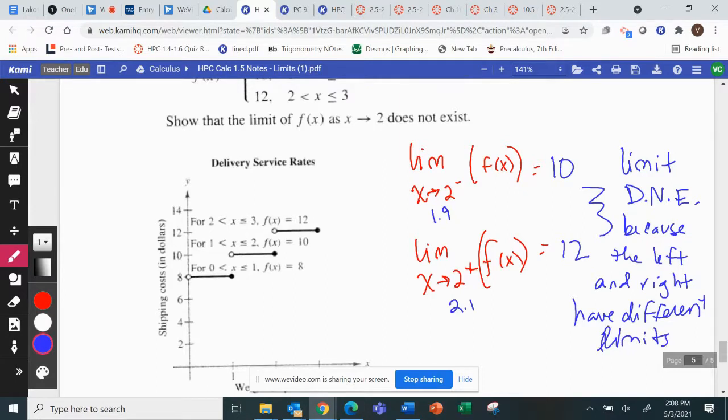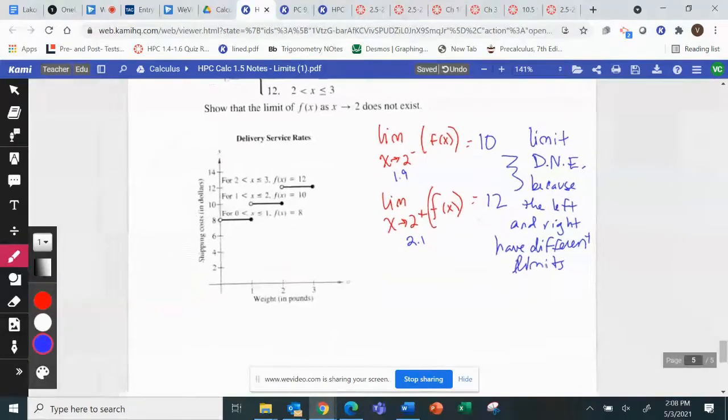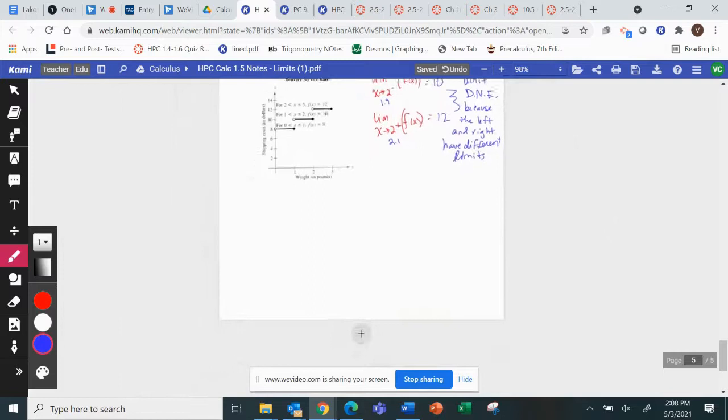And I just said because the left and right have different limits. DNE is does not exist.